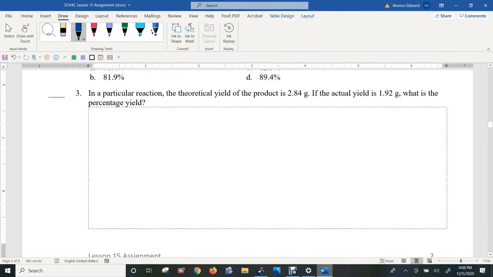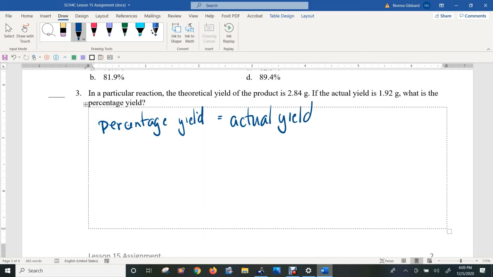Okay, so if you move into number 3, this one is a case of just applying the formula. So we know that our percentage yield equals the actual yield divided by the theoretical yield.